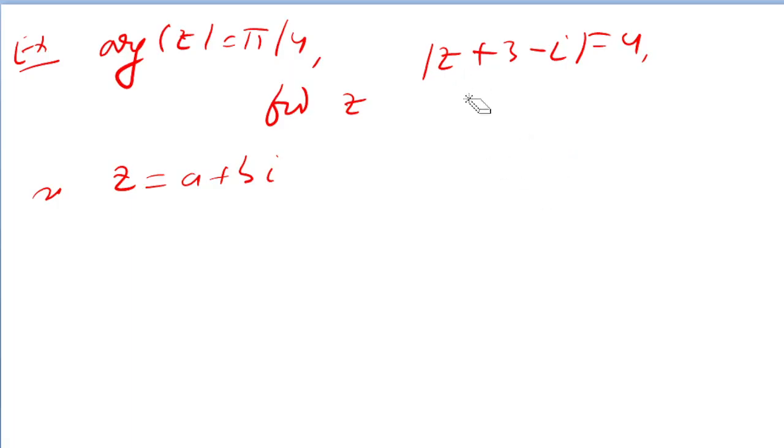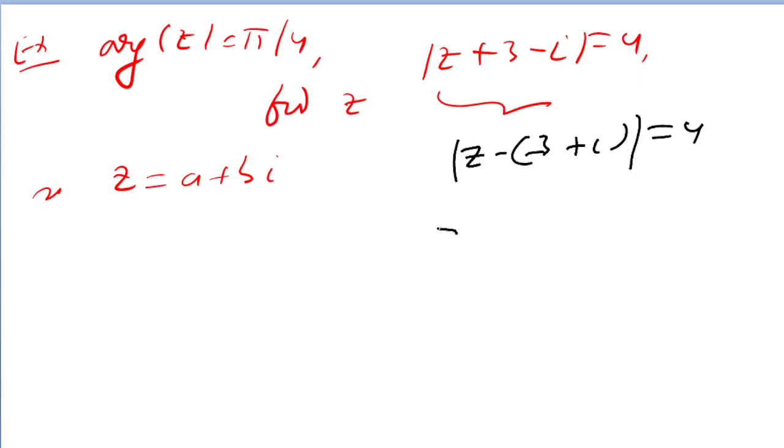So let's write this thing. This is modulus of z minus (minus 3 plus i) is equal to 4, that means there is a circle with center at minus 3 comma 1.